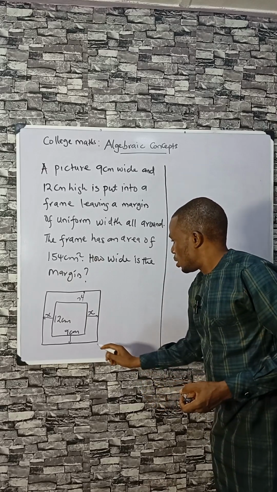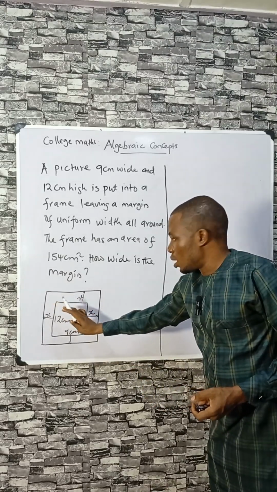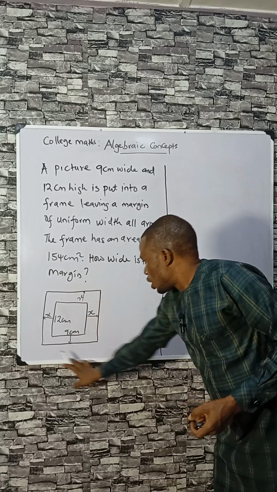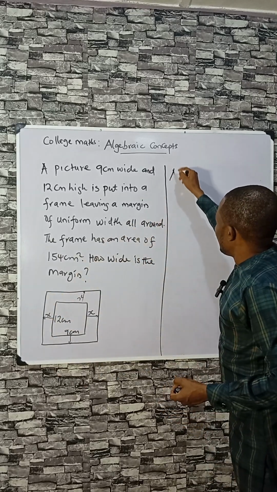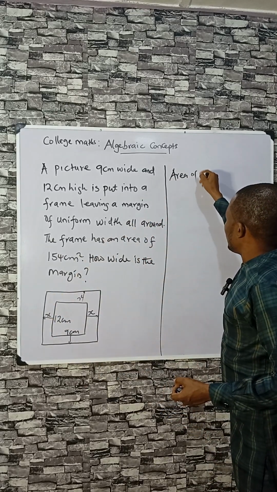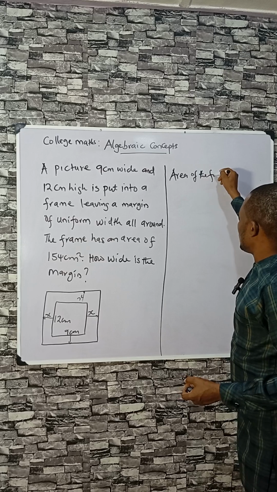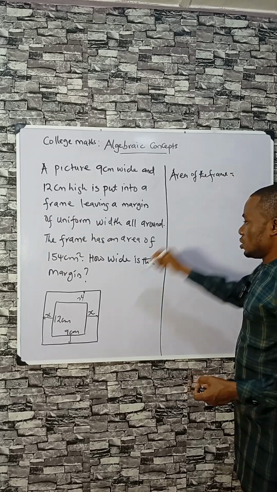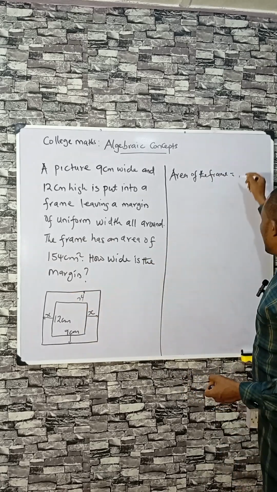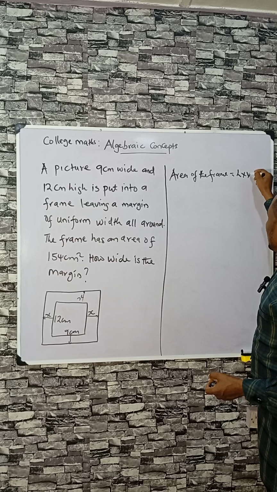Now let's find the area of the frame. Area of the frame, since it is rectangular in shape, is given by length times the width.